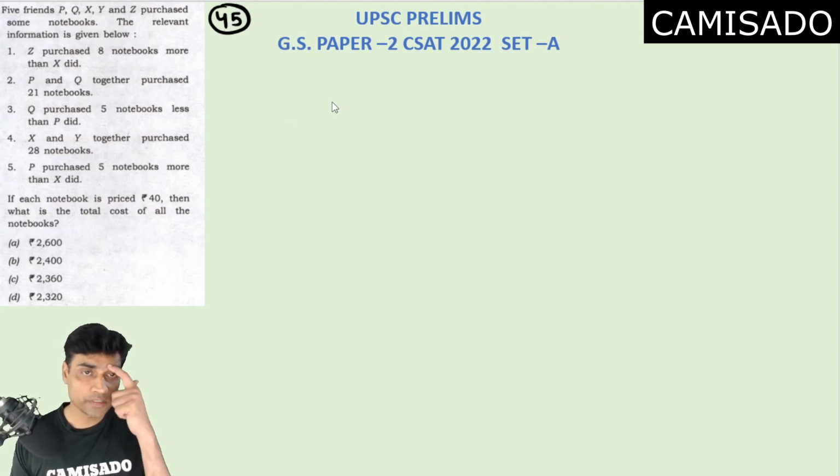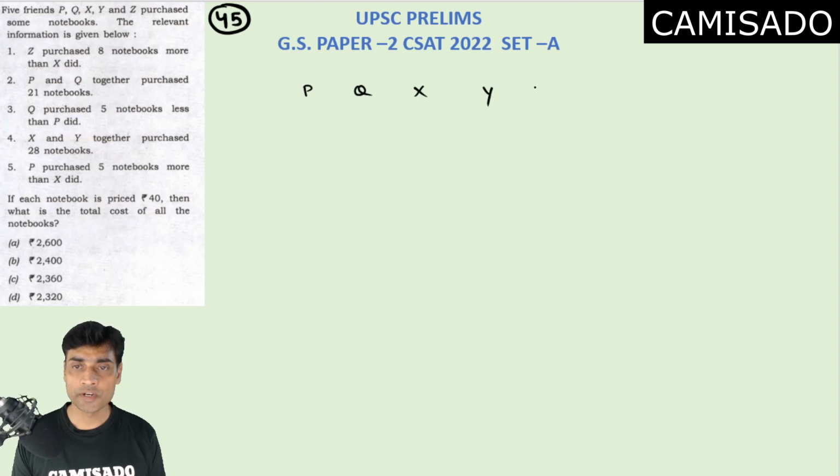Now again, next question number 45. 5 friends P, Q, X, Y and Z purchase some notebooks. The relevant information is given below. So we will write here P, Q, X, Y and Z. These are the 5 friends. Z purchased 8 notebooks more than X did. P and Q together purchased 21. Q purchased 5 notebooks less than P did.